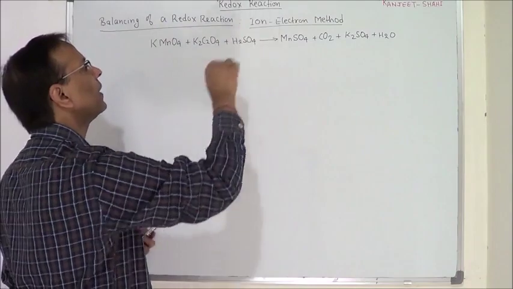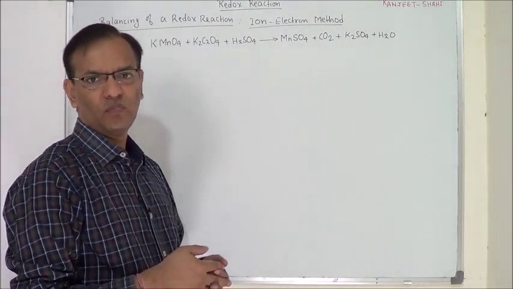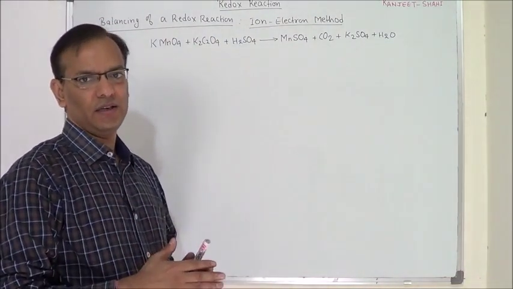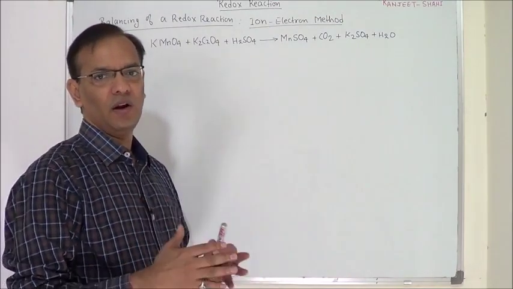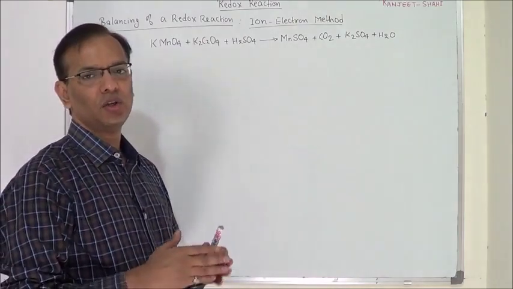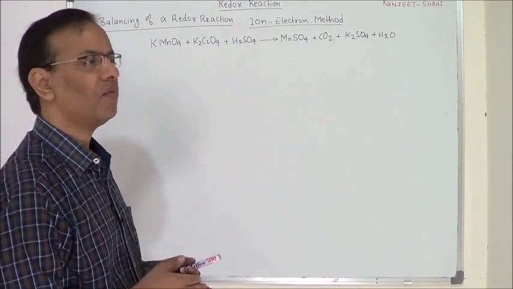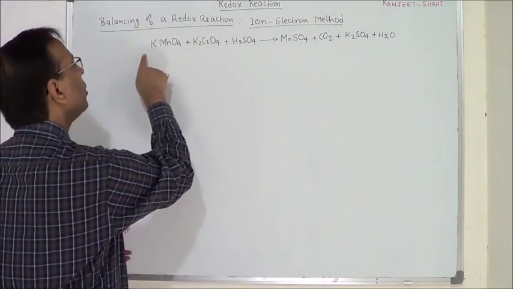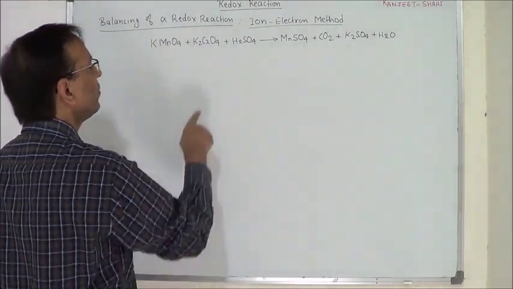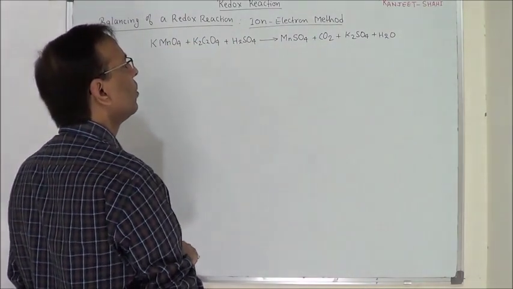As the name appears, the ion-electron method is applied on an ionic reaction, a reaction in which ions are involved. So our first job is to transform a redox reaction, if given in neutral form, into ionic form. Here we have all neutral compounds, the net charge on all compounds is 0.